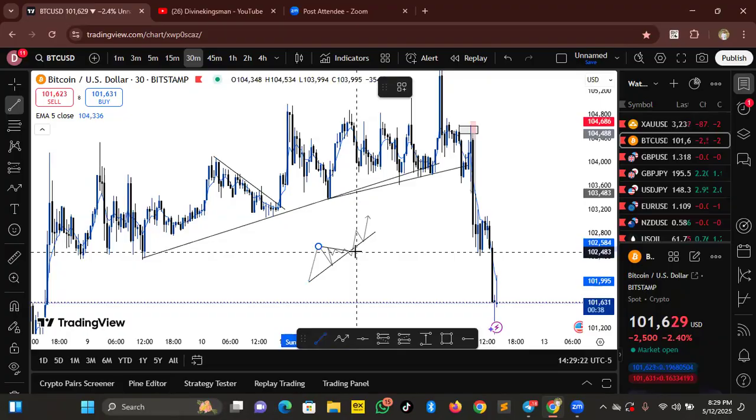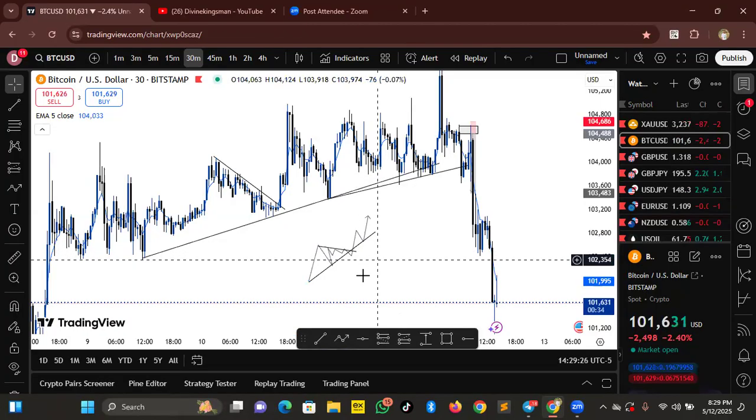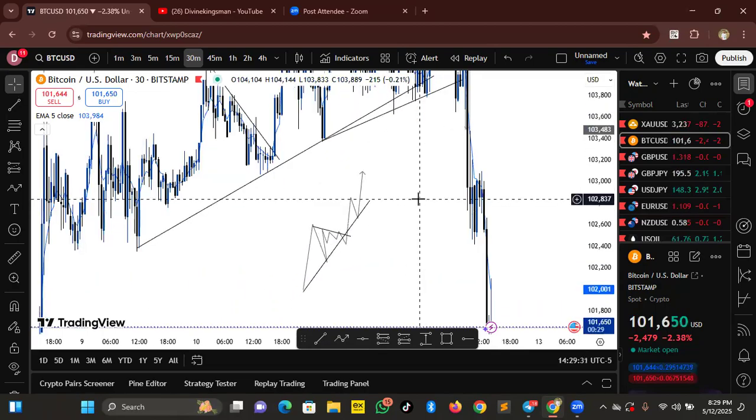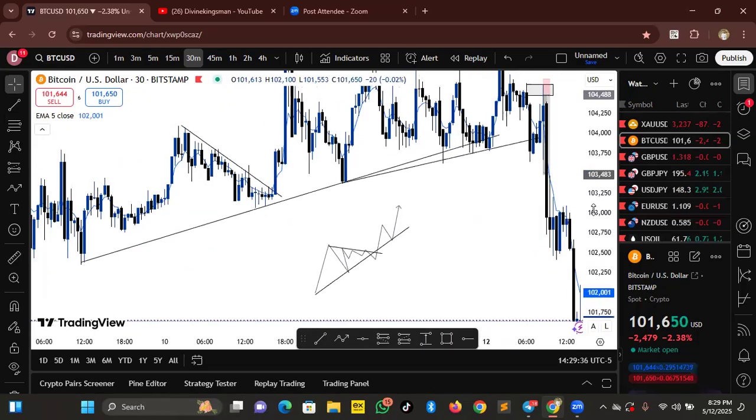So when you connect it now, right? And price pulls back. When you're taking your trade, there's something we call an aggressive entry. If you are aggressive, there are some people that are conservative. A conservative trader is one who always waits for a pullback or a retest of a level before he enters.